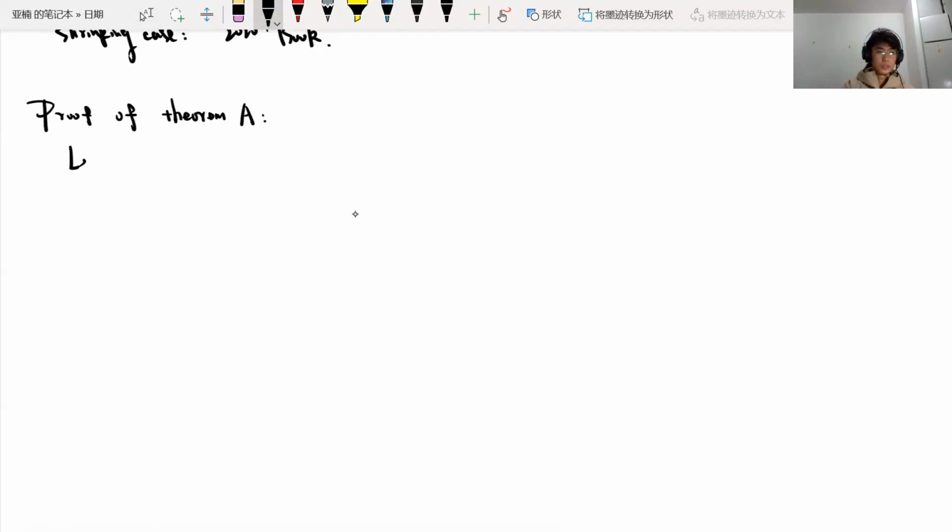We have a lemma which reformulates the Fu-Yau-type condition.